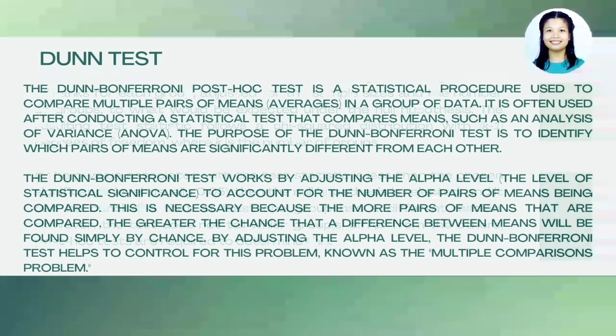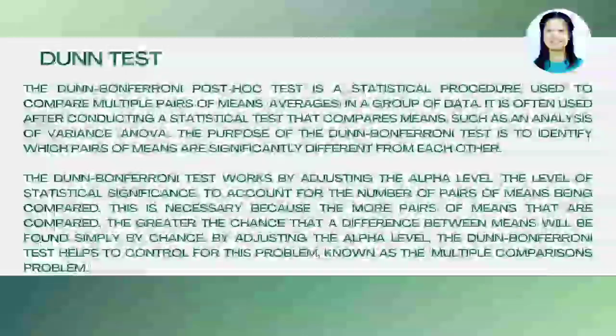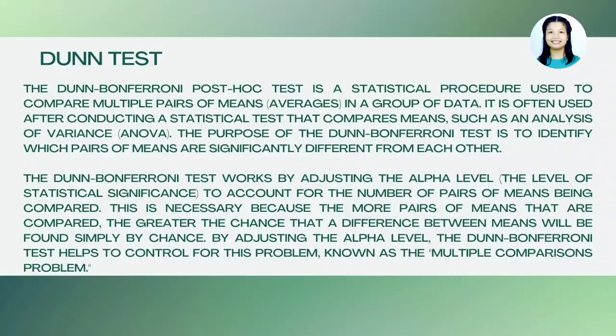Good day, sir. I am Clea Dicto, and I will be discussing the definition of the Dunn test. The Dunn test is also commonly known as the Bonferroni test or Dunn-Bonferroni test. The Dunn-Bonferroni post hoc test is a statistical procedure used to compare multiple pairs of means or averages in a group of data.